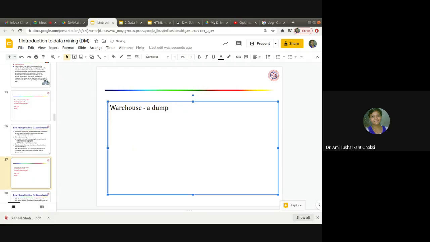When we say a cloth warehouse, different types of clothes are dumped there. And here we say data warehouse. So we are considering it as a dump of different types of data. Different means structured or unstructured data can be there, right?